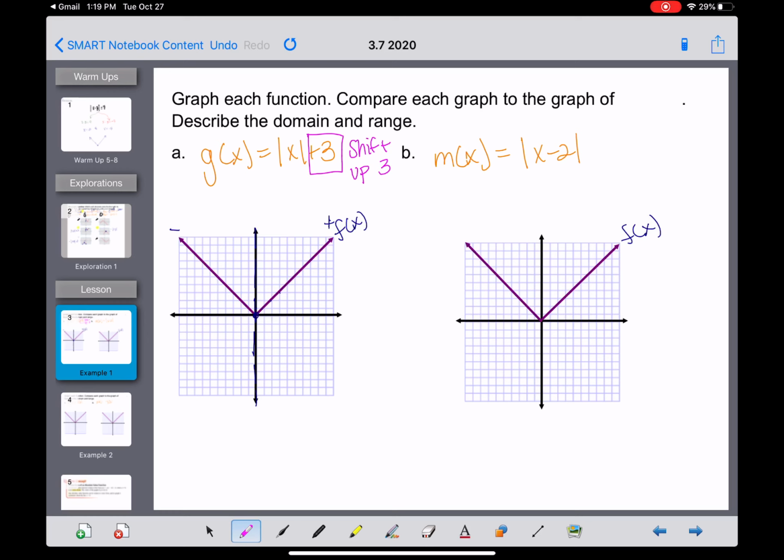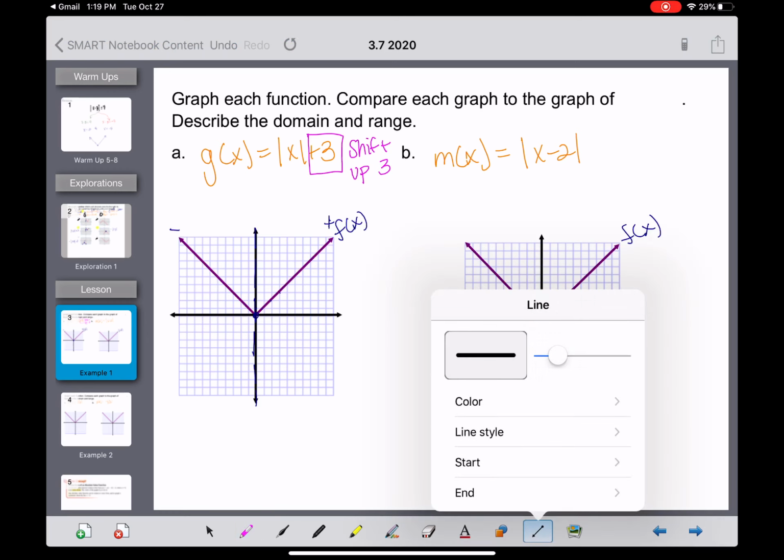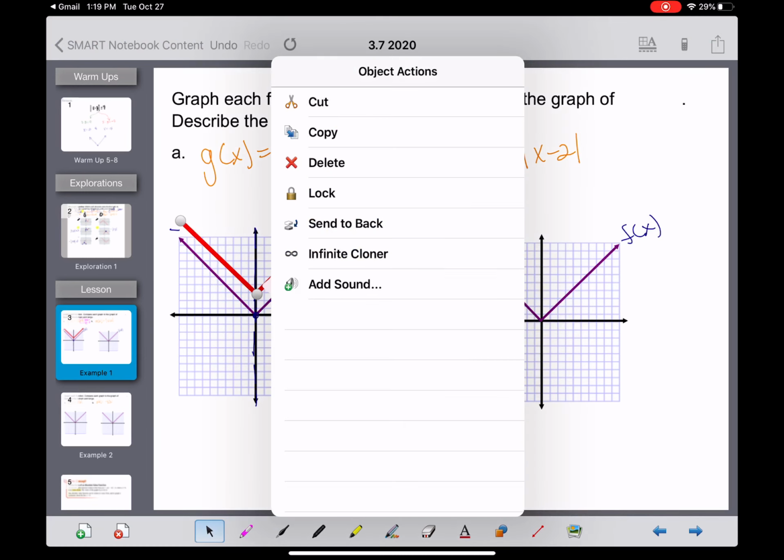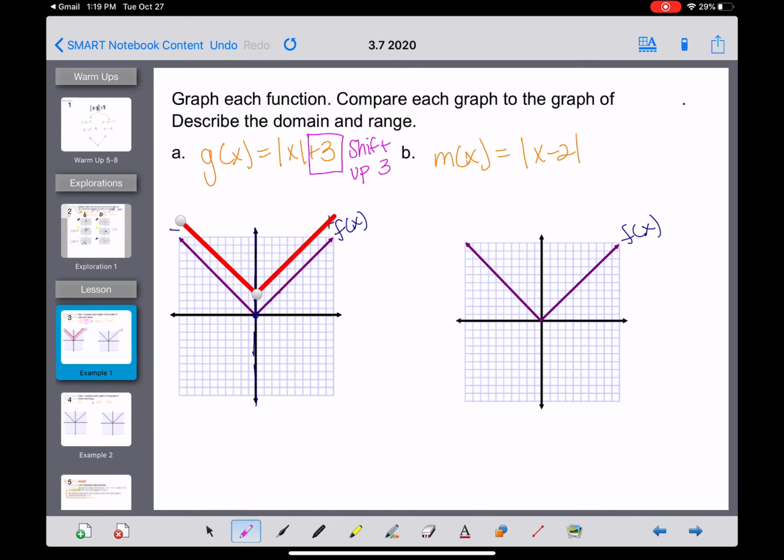So we're actually just taking these same exact lines, so if I copy them, and it's a shift up, so I'm going to go up 1, 2, 3 units. So it's the same exact line, f of x, except we increase the y-intercept by 3. So we shifted up 3 units.